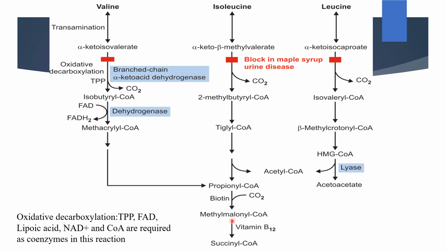Next step, the methyl malonyl coenzyme A converts into succinyl coenzyme A under the influence of vitamin B12. As far as leucine is concerned, it also undergoes a transamination reaction leading to formation of the corresponding keto acid, that is alpha keto isocaproate, followed by its oxidative decarboxylation with the loss of carbon dioxide and subsequent oxidation leading to isovaleryl coenzyme A, followed by its conversion to beta methyl crotonyl coenzyme A via a dehydrogenase enzyme.